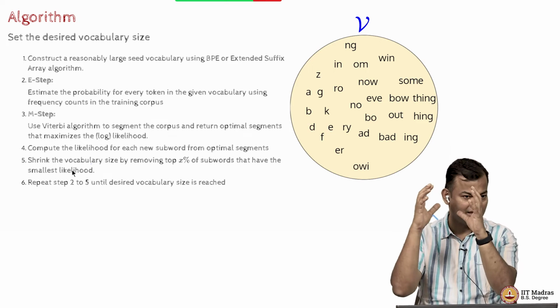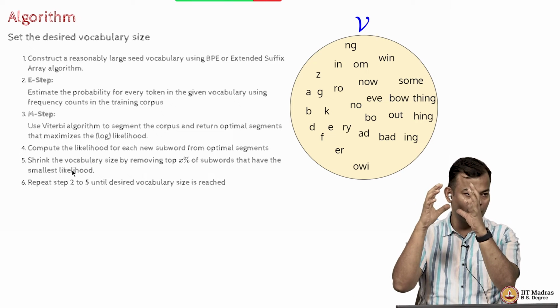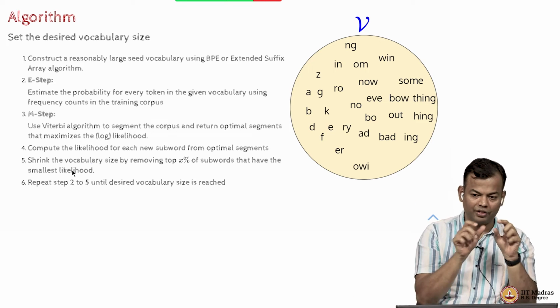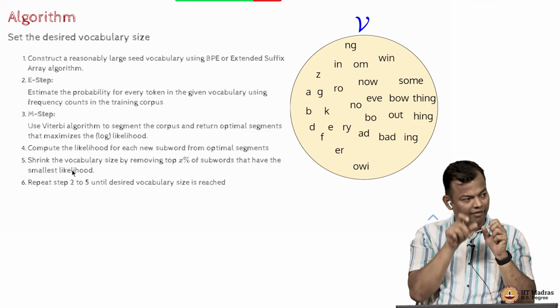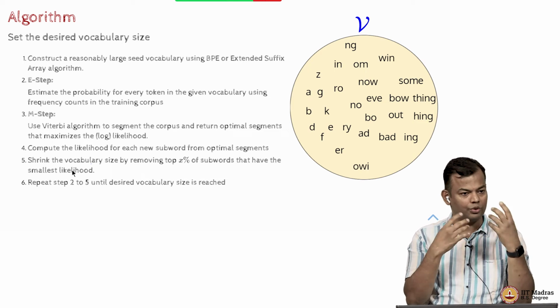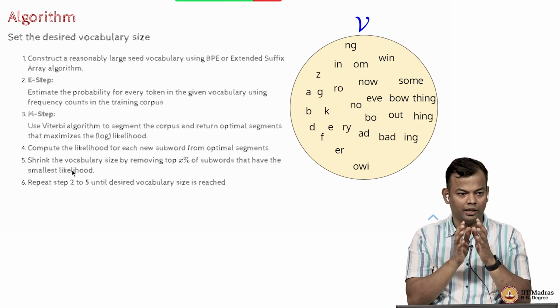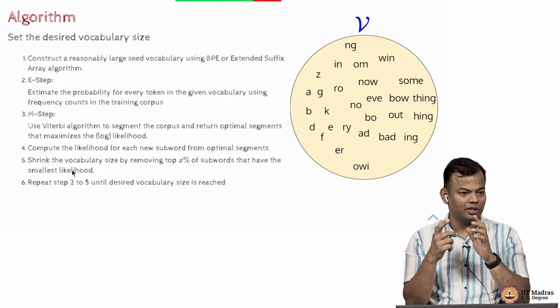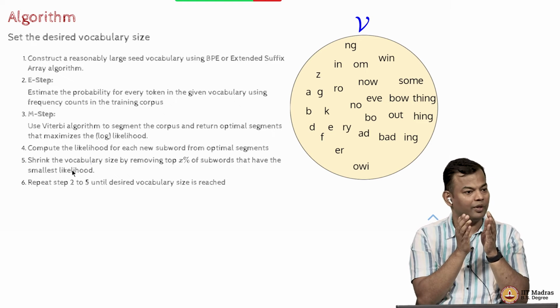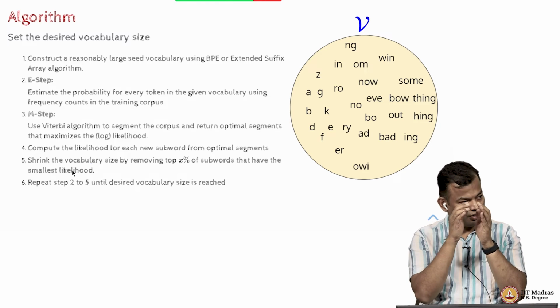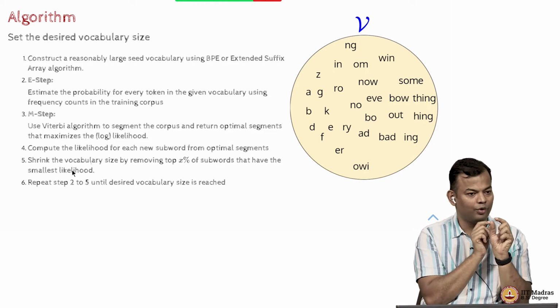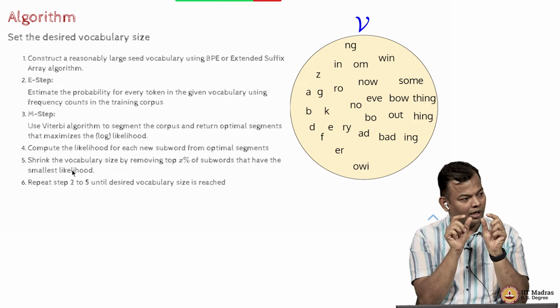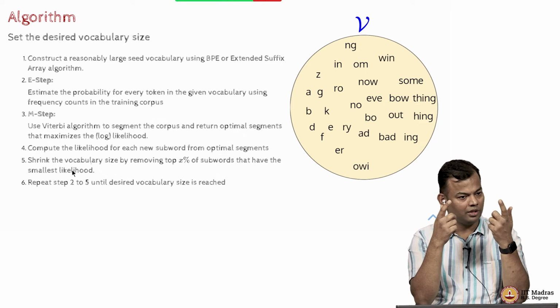So you started with this initial set of vocabulary. This gives you multiple ways of segmenting every word. For every word you chose the best segmentation, right? Now what does that change? That changes the frequency of certain tokens, because instead of using SUM, if you have tokenized it as SO and ME, then the frequency of SO and ME will change.